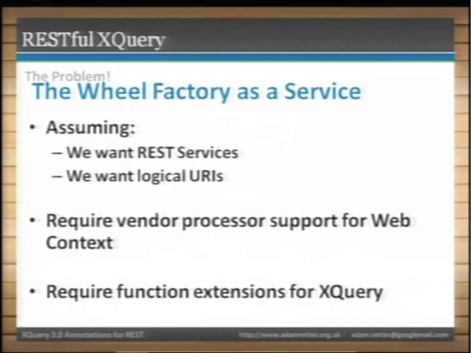I also need extensions to manipulate the response. If I want to do a 404 document not found, how can I do this from XQuery? And whatever platform I'm running on, MarkLogic or eXist, I have to rely on the fact that they've implemented some sort of web server that talks to all of this. But we have a wheel factory, and we want to assign URIs to our services.